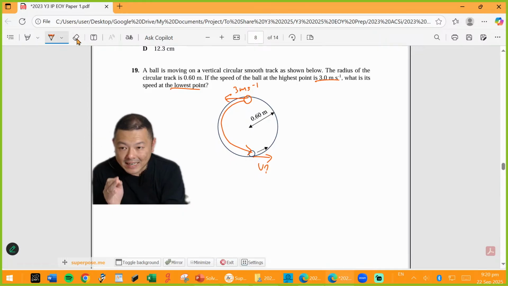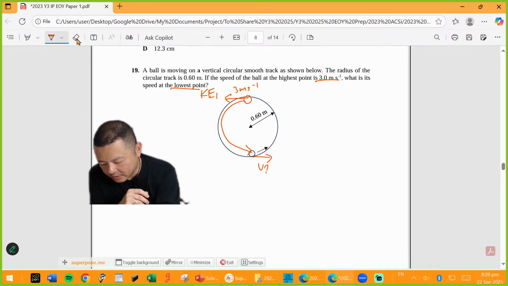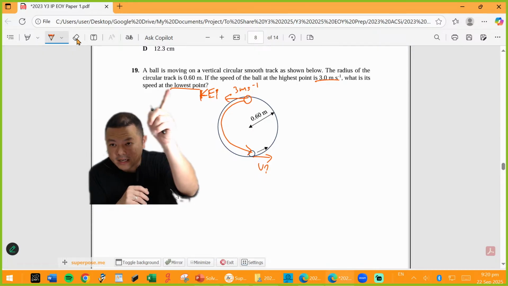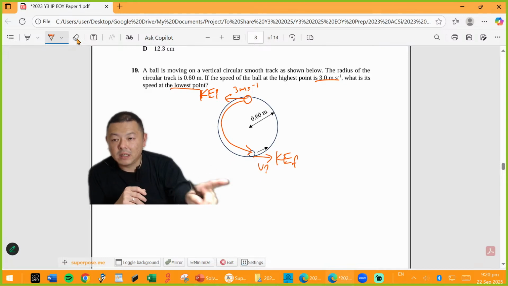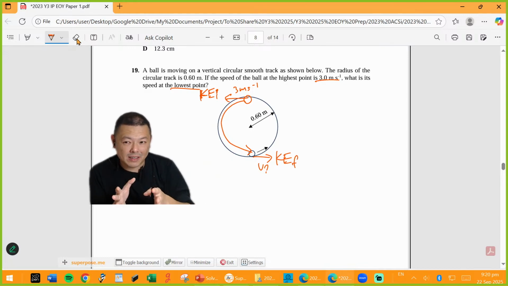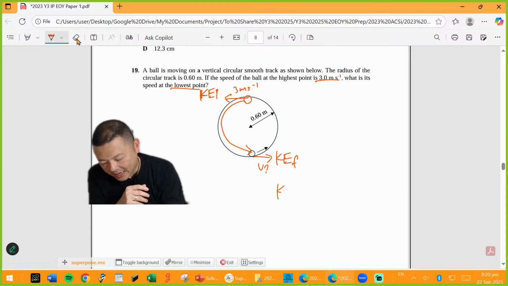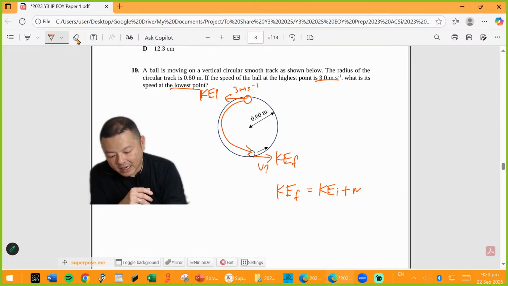Okay. There's initial KE. Do you see that? KE initial. Then there's final KE. We know that final KE is more, right? So KE final is equal to the initial KE plus mgh.